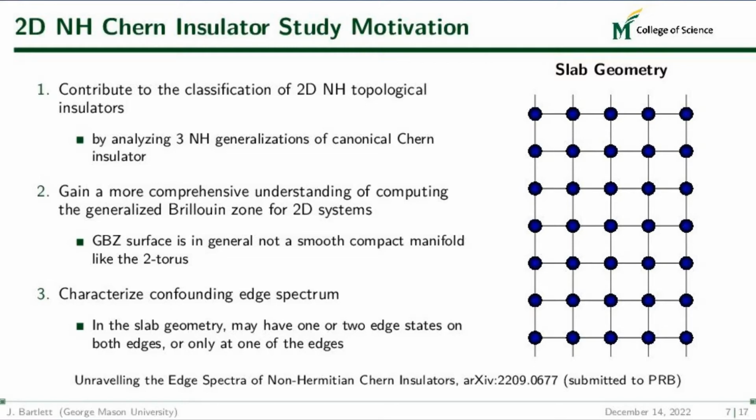In Hermitian or traditional Chern insulators, you'll get pairs of edge states, where in the slab geometry, for instance, you would get one edge state on the left and one edge state on the right. In non-Hermitian Chern insulators, you can get scenarios where you have both edge states on one side of the lattice. So for instance, both edge states may be on the left-hand side of the lattice, or both may be on the right-hand side of the lattice.